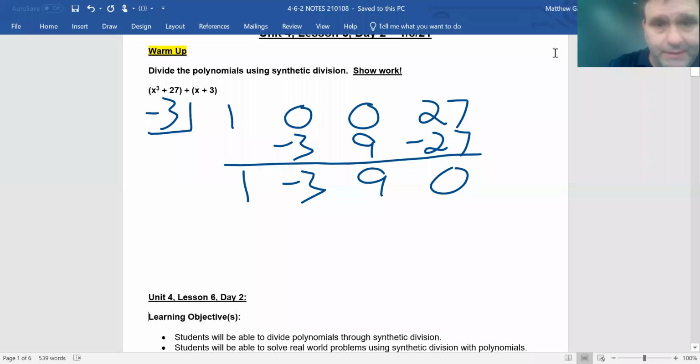So welcome back. This is what we should be getting after we set up the coefficients. Bring down the 1. The arithmetic's pretty easy. 1 times -3 is -3, and then just add vertically. -3 times -3 is +9, added to 0 is 9. On this one, remember, the answer should be x squared minus 3x plus 9, which is the same as yesterday.